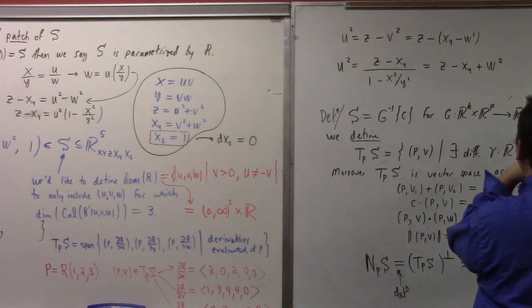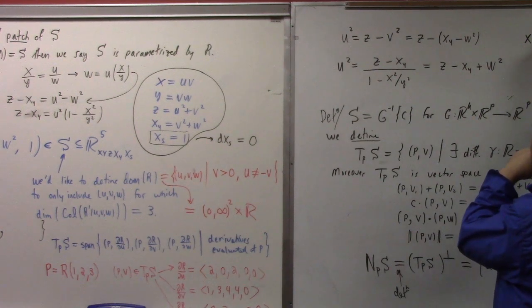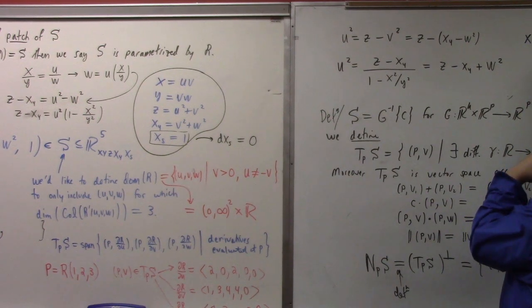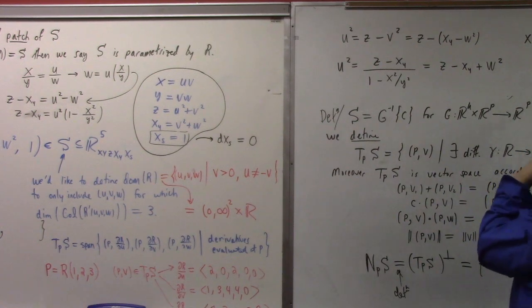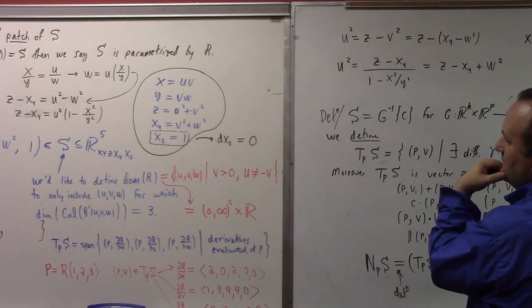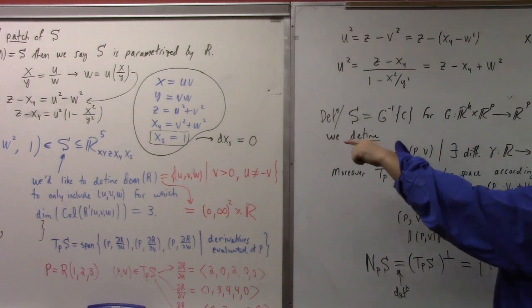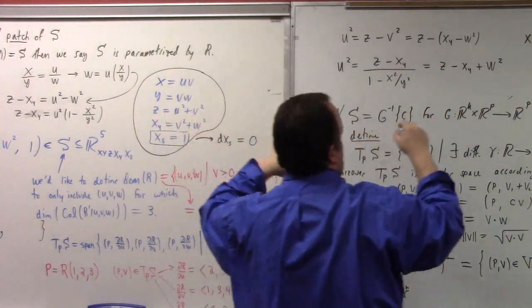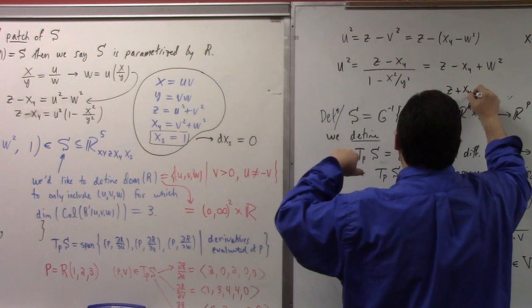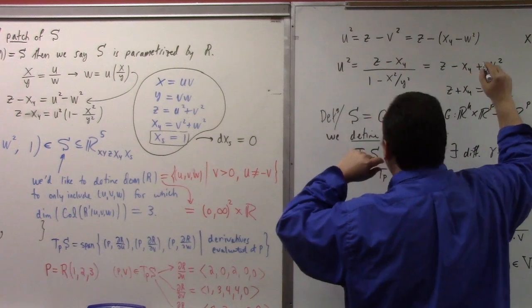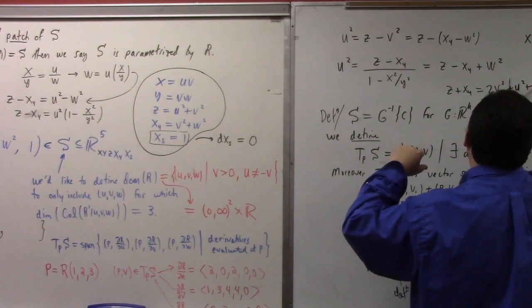Maybe if I look at squaring x and y, like x squared plus y squared is v squared times what? V squared times u squared plus w squared. And if I add these two, z plus x4 is equal to 2v squared plus u squared plus w squared.